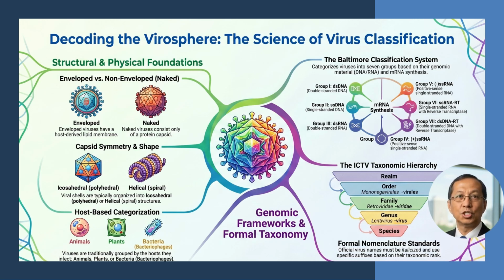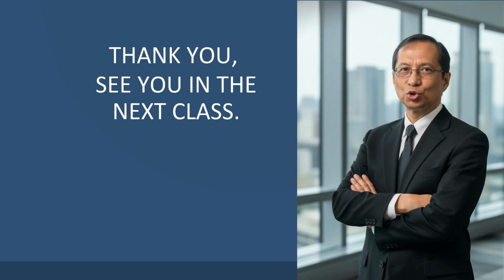We also explored the genomic frameworks and formal taxonomy, delving into the Baltimore classification system, the ICTV hierarchy, and the standards for formal nomenclature. Thank you for joining this exploration into the viral blueprint. I hope this session has provided a clear understanding of viral form, function, and taxonomy. I look forward to seeing you in the next class.